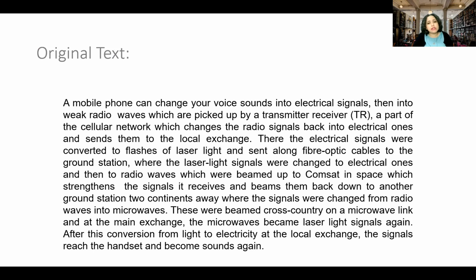These were beamed cross-country on a microwave link, and at the main exchange, the microwaves became laser light signals again. After the conversion from light to electricity at the local exchange, the signals reach the handset and become sounds again.